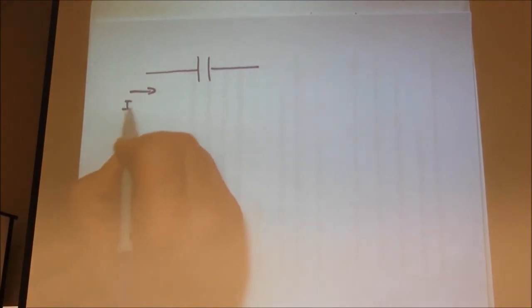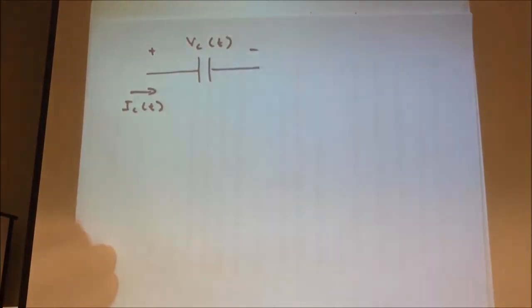To be a little bit more general now, what about if we have non-zero initial conditions? So if I look at my capacitor, to clean things up a little bit, well, in the time domain, this is IC of t, and that's VC of t, right?